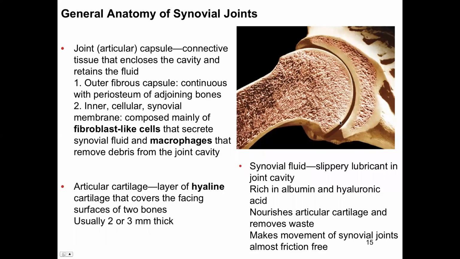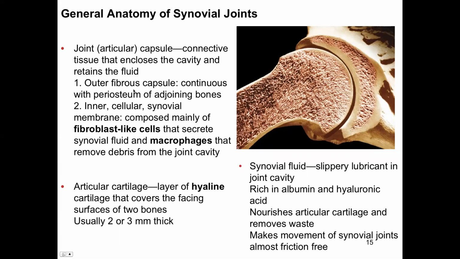Now, this is from a cadaver, but there would be a wonderful layer of hyaline cartilage between these two bones within this joint. And since that cartilage is found in an articulation, very often that hyaline cartilage is called articular cartilage. So if you see articular cartilage, know that it is hyaline cartilage.